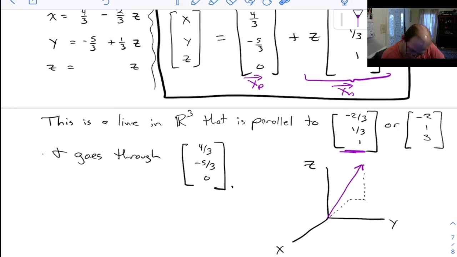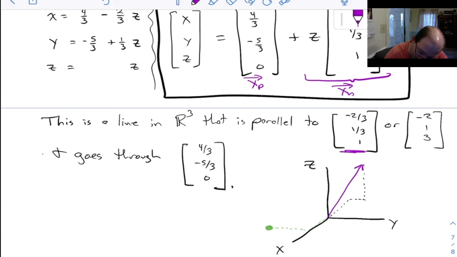So (4/3, negative 5/3, 0). Let's see, I'll do that one in green. 4/3 along the x-axis, out here, negative 5/3 along the y, and then 0 along the z. So this is a point right here.